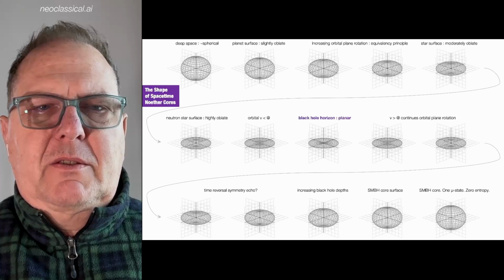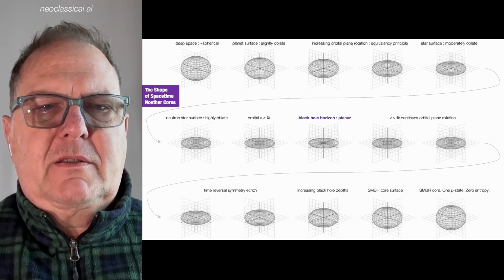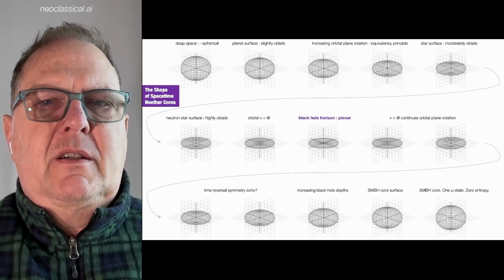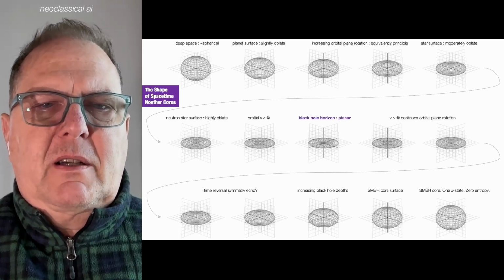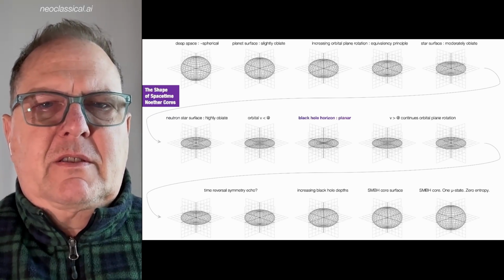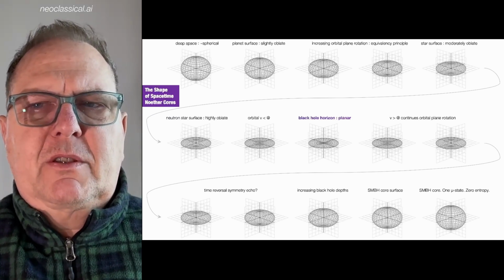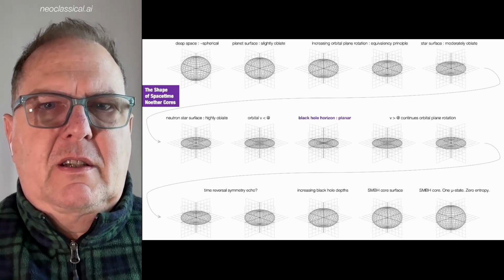We talked about how Noether cores out in deep space would be essentially spherical because there's really not much gravity there. And as they get towards heavier and heavier mass, they'll get smaller and more oblate. I'm showing that in this chart, going from deep space on the first row to a star surface. These are just conceptual figures.